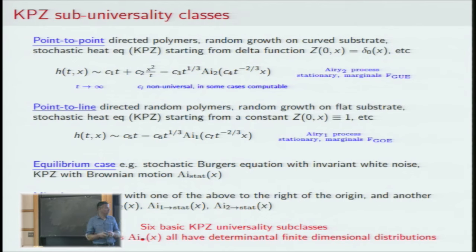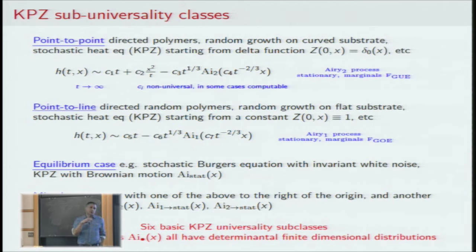But if you think of the stochastic heat equation, it just means a delta function. So start the stochastic heat equation with a delta function. Then what you're supposed to see is that the KPZ height function looks like a constant times t, which we've always been seeing, and then this parabola. The parabola is not hard to explain. It's just the log of the fundamental solution of the heat equation. But on top of that is the important thing: there's this t to the 1/3 times the Airy 2 process in space.